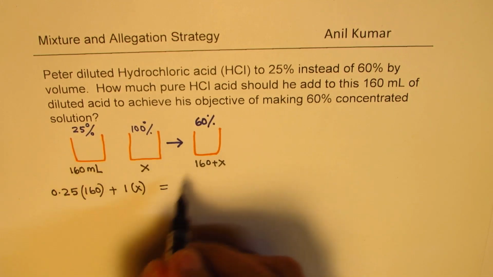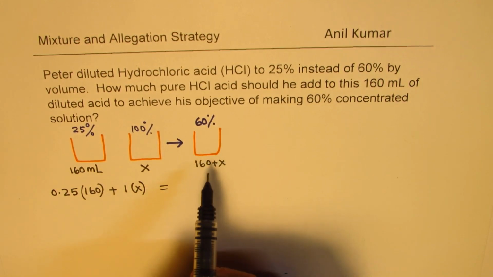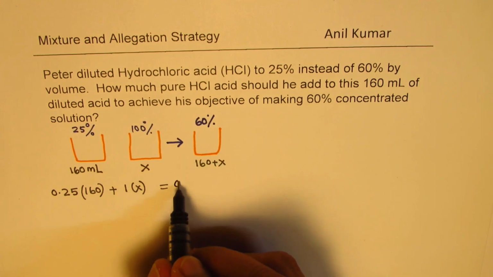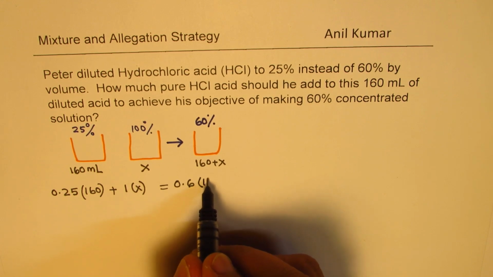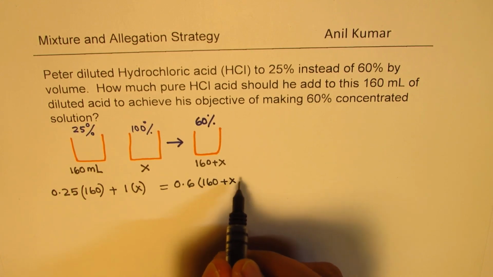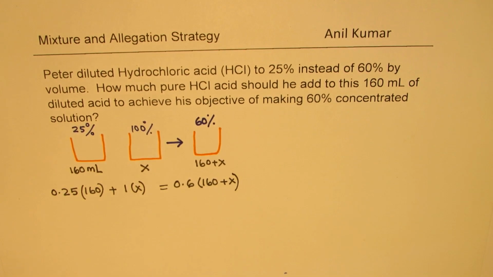So we are writing all the values in decimals. Now this is 0.6, or you can write 60 over 100, times 160 plus X. So you get your equation, which is an equation in one variable. It can easily be solved.